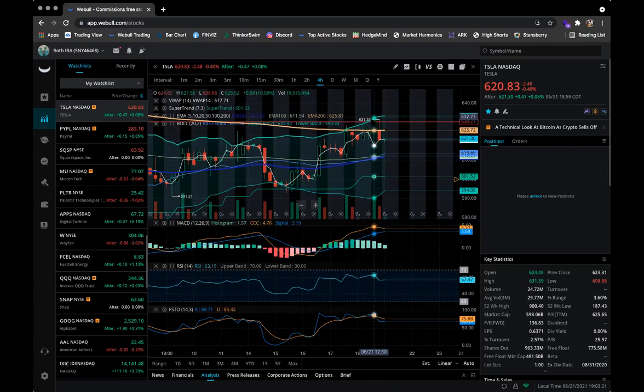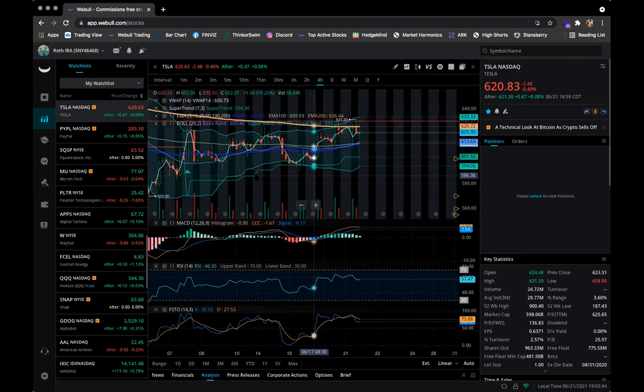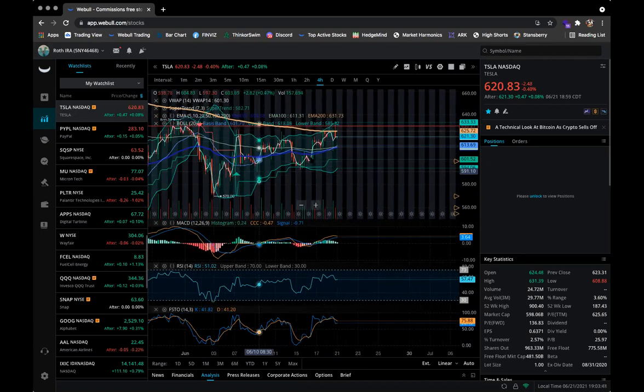When it's too high, it has to come back to the center. So when it's too high, it comes back to homeostasis, which is this 20 MA that runs in the middle. When it's below it, it'll shoot down to these lower bars and then come right back up. So this is like a range. Like I said, when the temperature is too high, you have to come back down. When it's too low, it has to bounce back up. So it is a range of volatility.